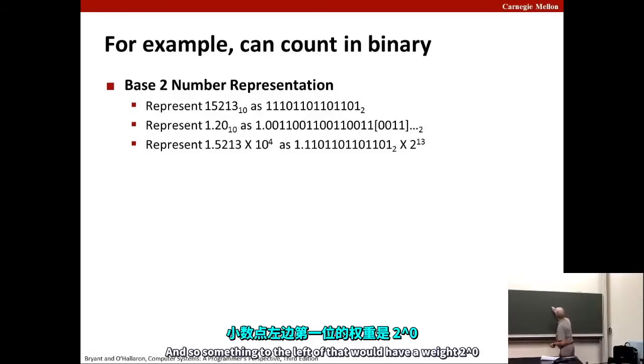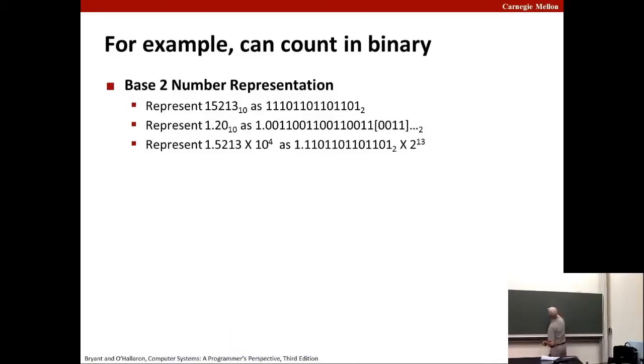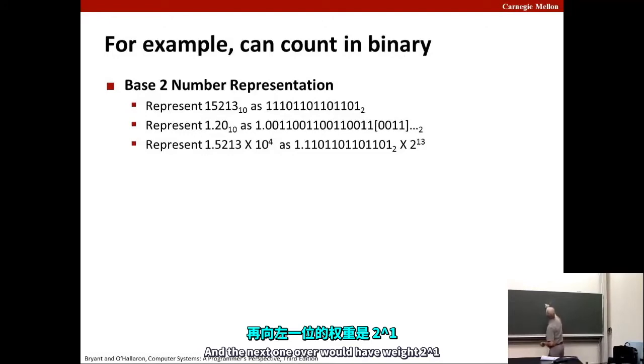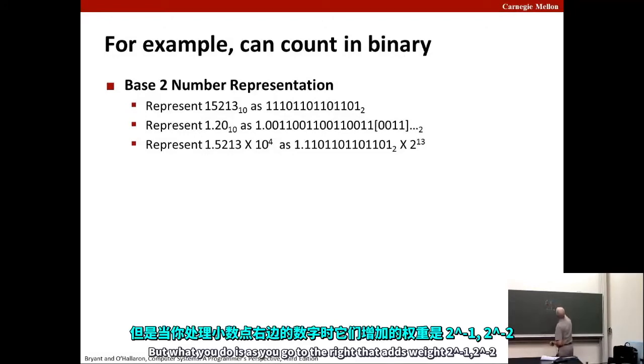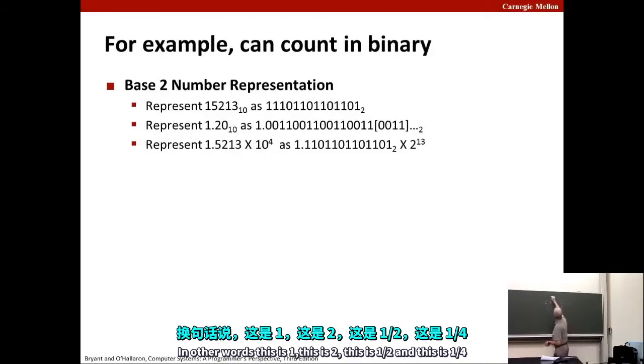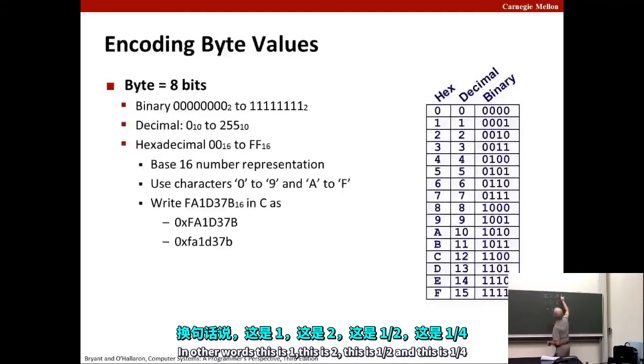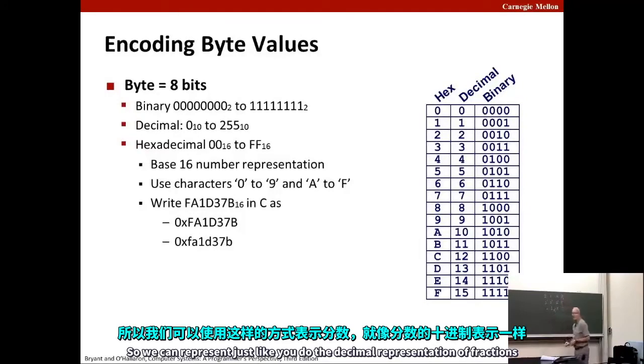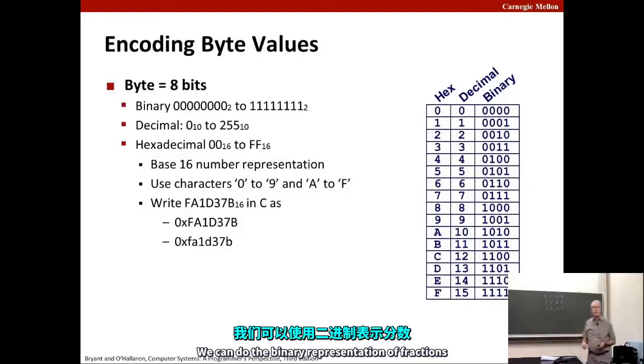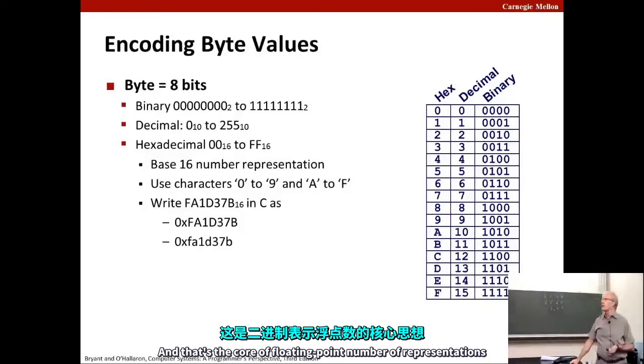Something to the left of that has weight 2 to the 0, and the next one over has weight 2 to the 1. As you go to the right, the weights are 2 to the minus 1, 2 to the minus 2. In other words, this is 1, this is 2, this is 1/2, and this is 1/4. Just like the decimal representation of fractions, we can do the binary representation of fractions, and that's the core of floating point number representations.